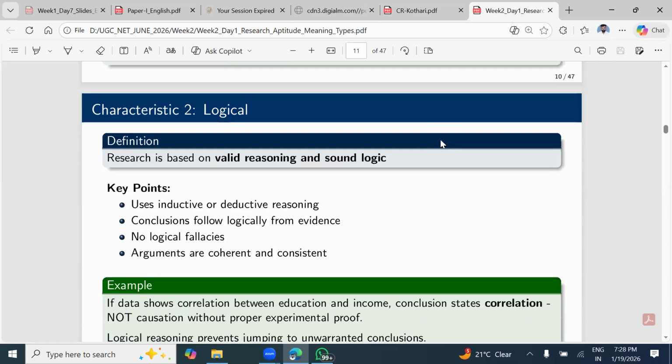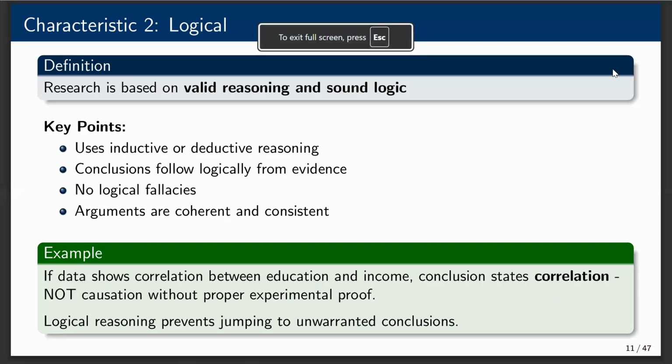Then the next characteristic is logical. Research is based on valid reasoning and sound logic. So what are the key points? It uses inductive or deductive reasoning. Now the question is, what is inductive and what is deductive reasoning? We will be covering the methods of induction and deduction.